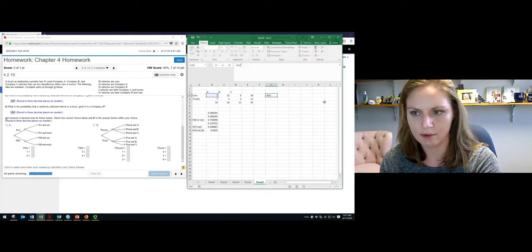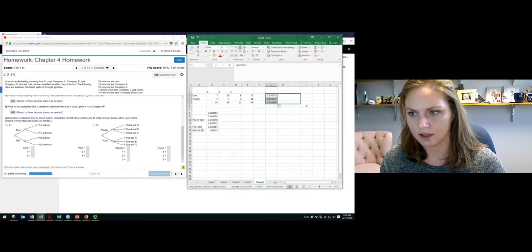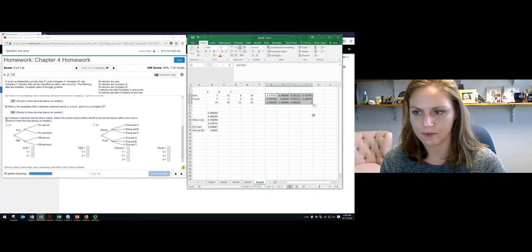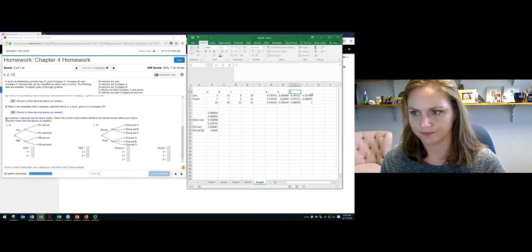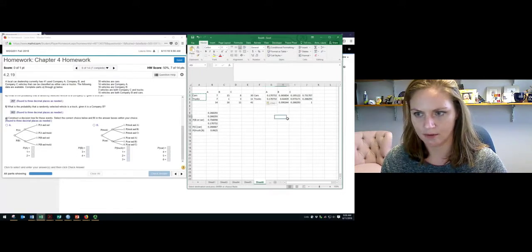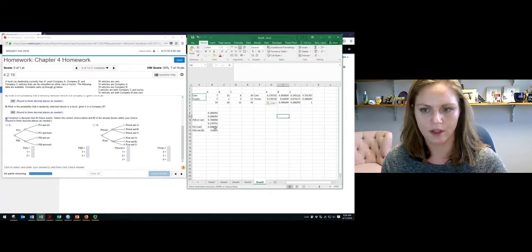I could divide it by 41, or I could reference that, and drag it over. So that's going to be that. Now I'm going to have to put the probability of a truck here. The probability of being a truck, so let me just write these in here. These are my subtotals and the total.